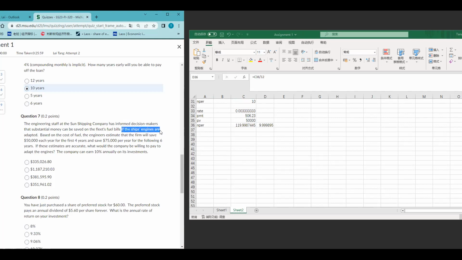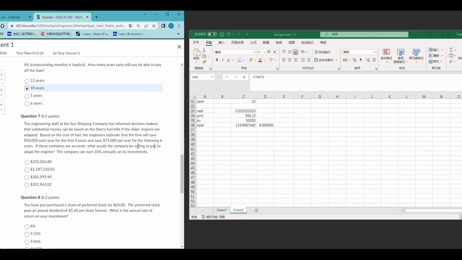If the ship engine is adapted, they can save money, right? The firm will save 15,000 each year for the first four years and 75,000 per year for the following 6 years.